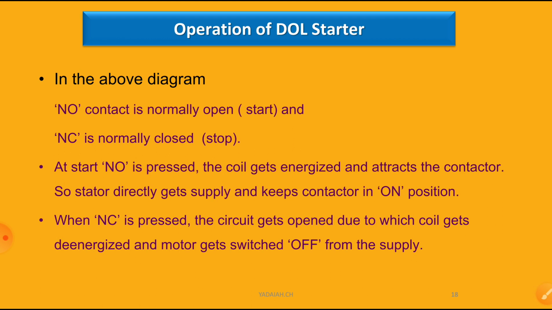So the stator directly gets supplied from the supply. When NC is pressed, the circuit gets opened, due to which the coil gets de-energized and the motor gets switched off from the supply.